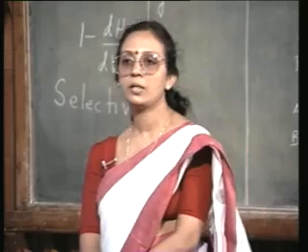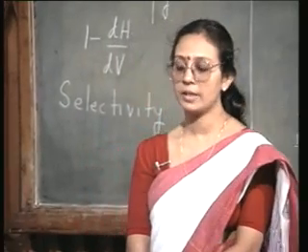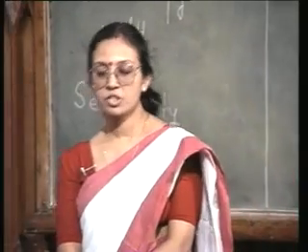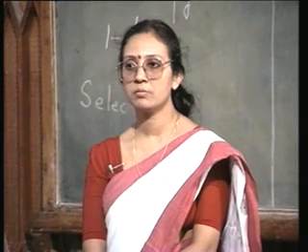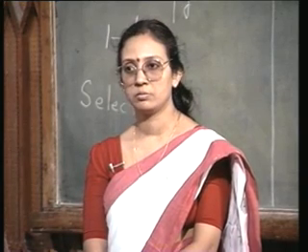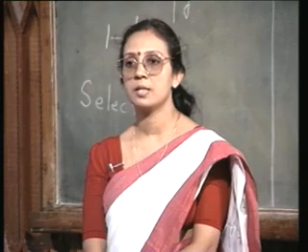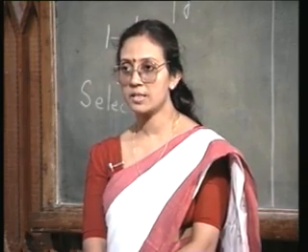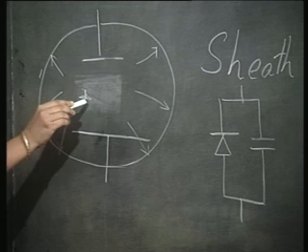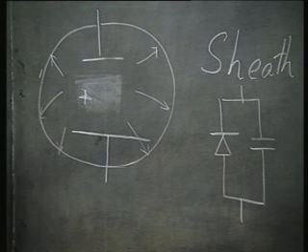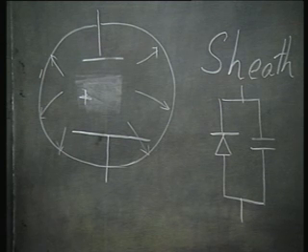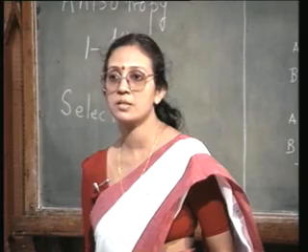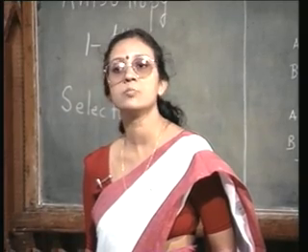If one electrode has a smaller area, then the sheath capacitance is going to be smaller, because you know capacitance is epsilon A by D. D is the separation between the glow and the electrode, A is the area of the electrode. So, if one electrode area is smaller, the sheath capacitance is going to be correspondingly smaller.